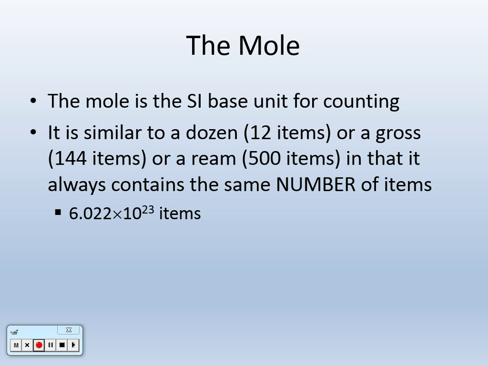What if you have a dozen cupcakes? Would it be 15? No, that would be a baker's dozen. That's different, okay? But one thing that would be similar, a baker's dozen is always how many? 13, right? So when we describe something as being a mole, we're always talking about the same number of things. It's a description for a number of things. We can have a mole of school buses. It would just be this many school buses. It's a lot of school buses.